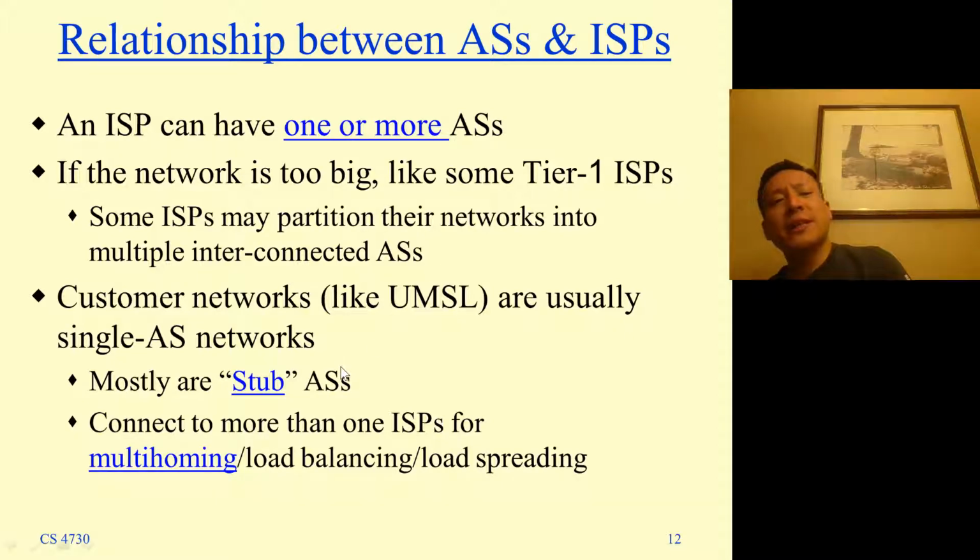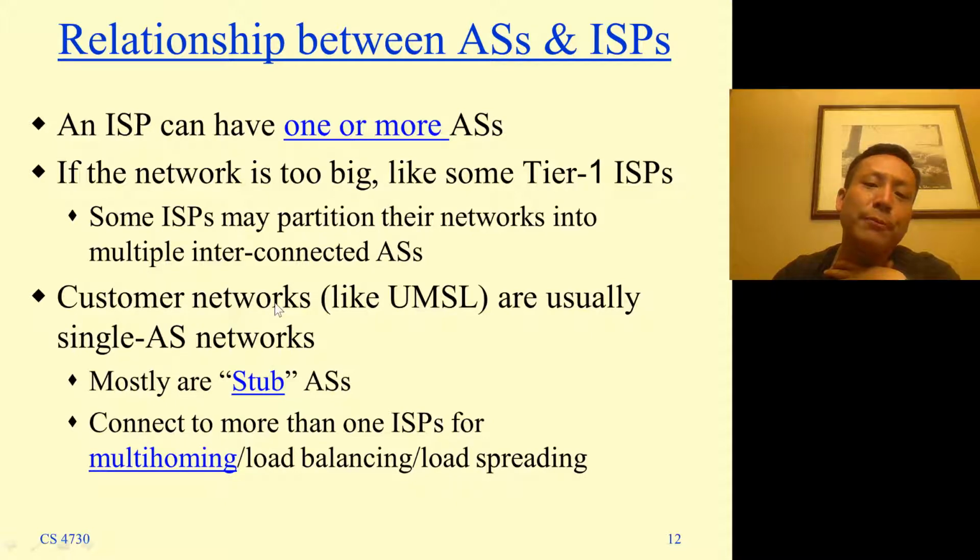And in a lot of cases, this stub network or customer network like Amazon, you can choose to connect to more than one ISP's network. There are reasons for doing this. For example, you can open one line to AT&T and the other to Verizon. The reason is that if you are providing very critical services, not like Amazon, but say a stock company doing high-speed transactions, then if they lose the connection, the business loss could be tremendous.